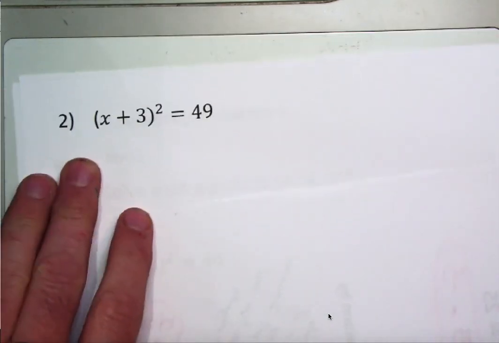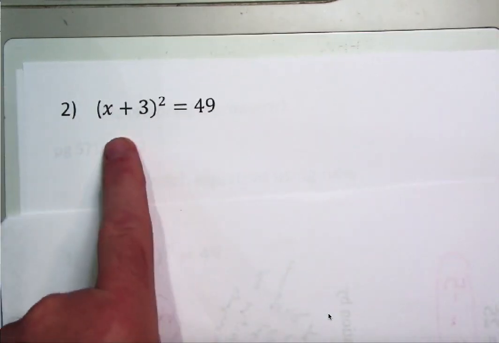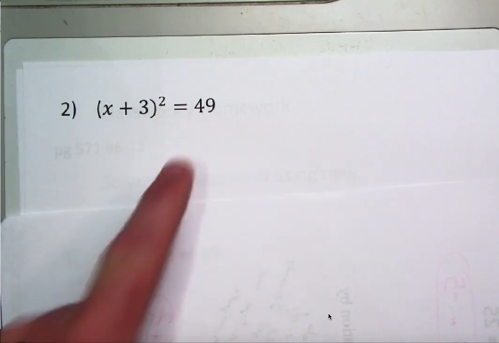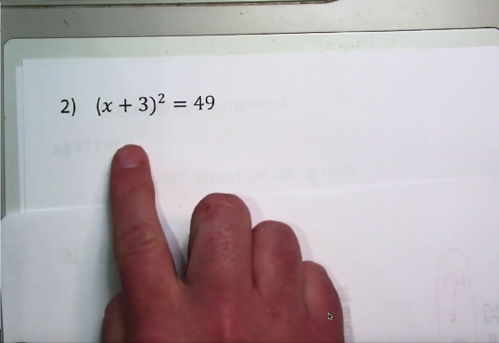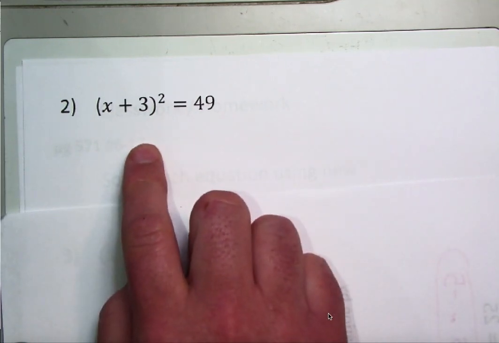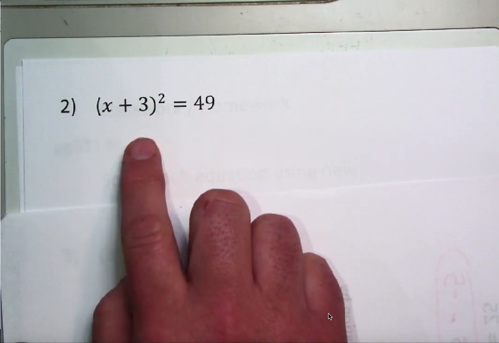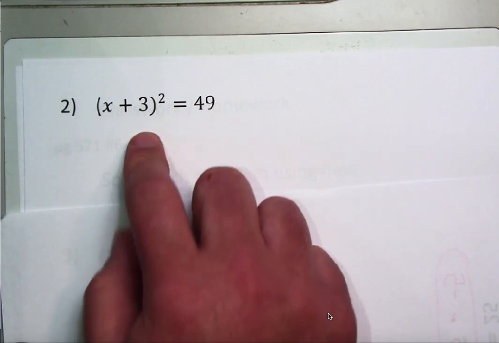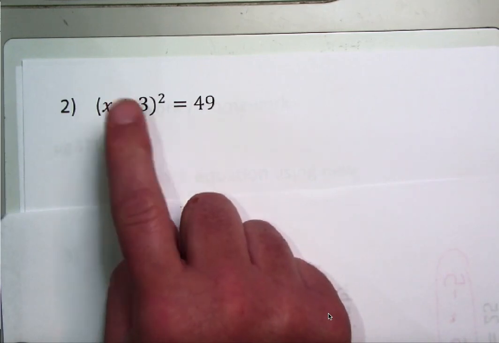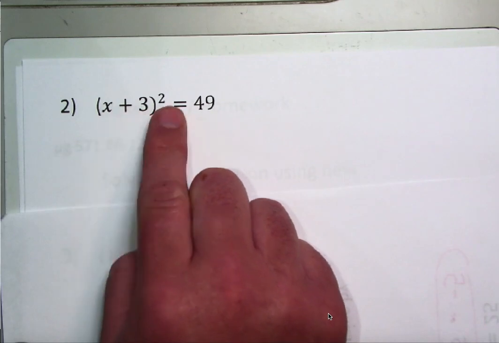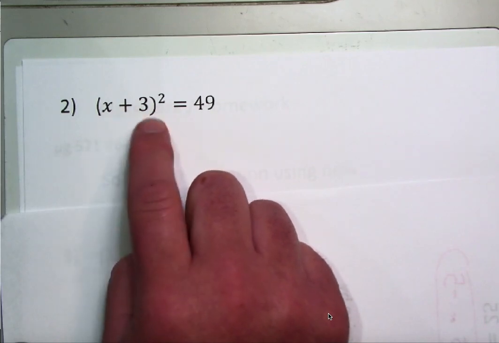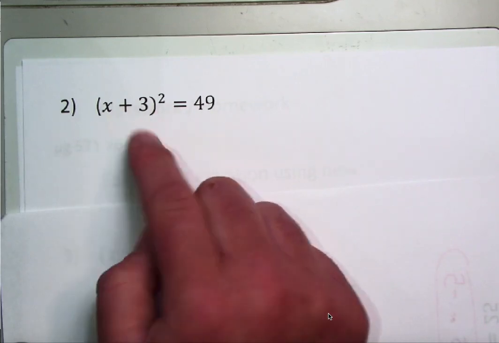Okay. So now we've got x plus 3 squared equals 49. We can actually do things to both sides to get the x by itself. But if anyone's thinking we take away 3 from both sides, you really can't, because this is x plus 3 squared. So there's a lot more going on here than just plus 3, right?